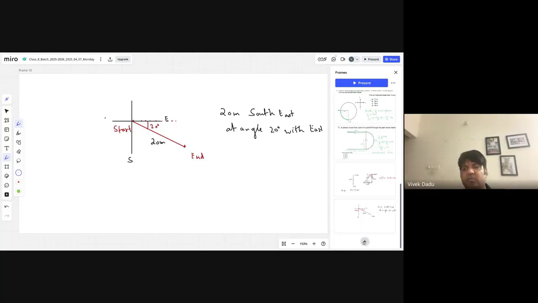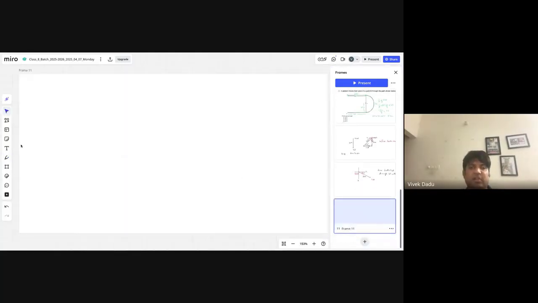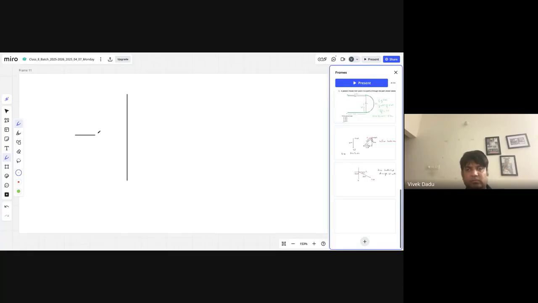But there is one form where you will struggle. That form is like this. Let's say I go 3 meter like this, 4 meter like this.